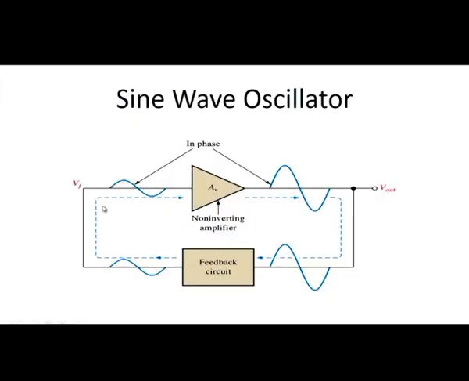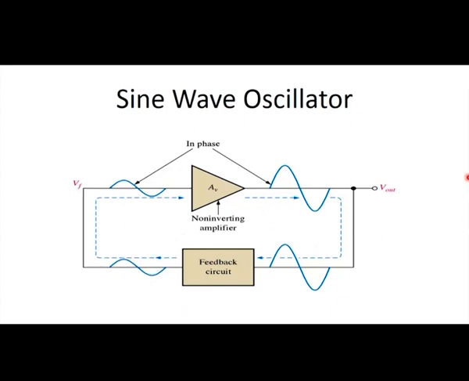Now, the oscillator has an amplifier whose gain is denoted as A suffix P, and the output of the amplifier is fed back to another feedback circuit, which gives the output to the amplifier. This is the basic circuit of a sine wave oscillator.